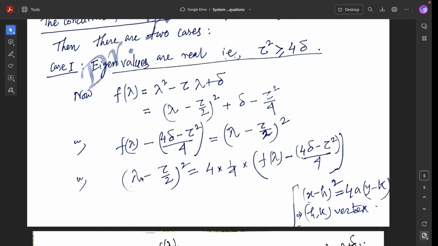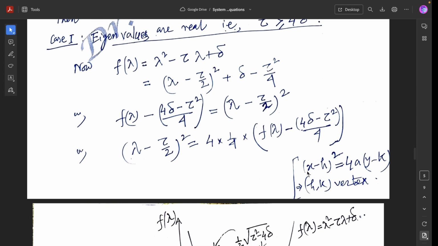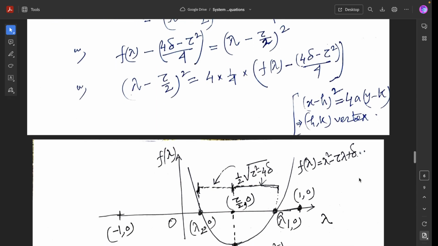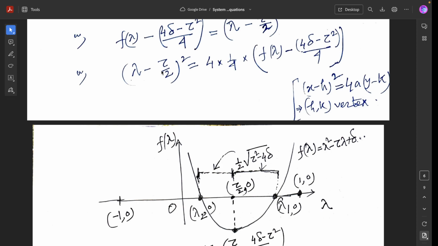So this is (λ − τ/2)² = 4 · (1/4) · (f(λ) − (4δ − τ²)/4). Comparing with the equation (x − h)² = 4a(y − k), which is a parabola with vertex (h, k), this forms a parabola.